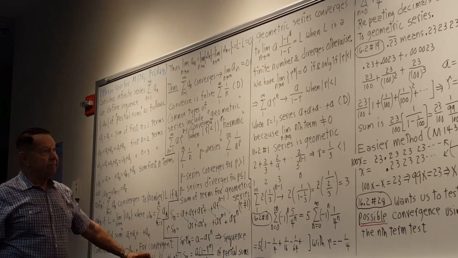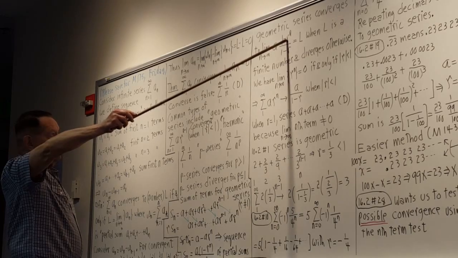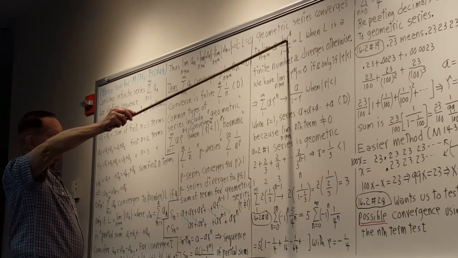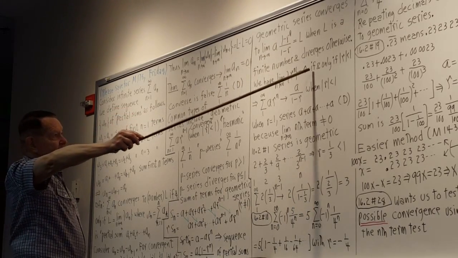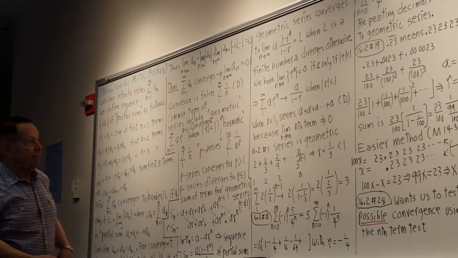So we have then that this term would become 0 in the limit if and only if the magnitude of r is less than 1.